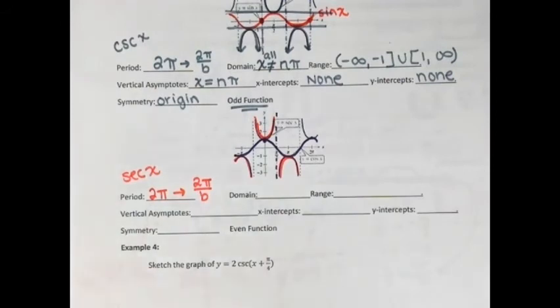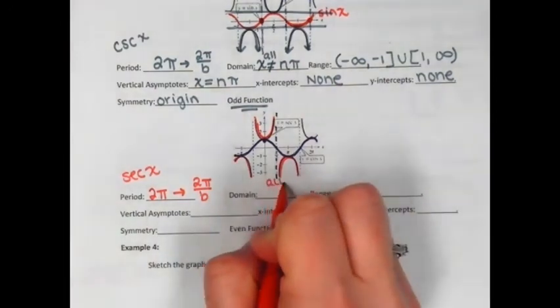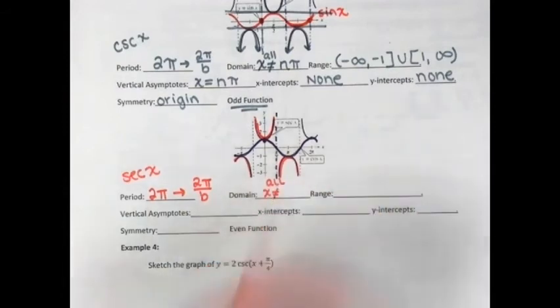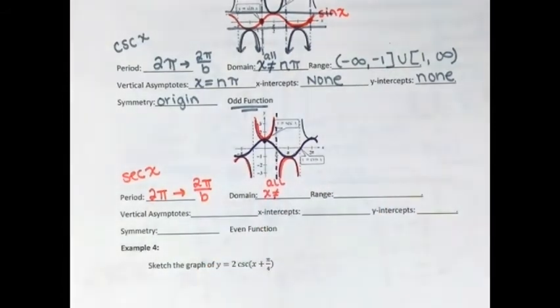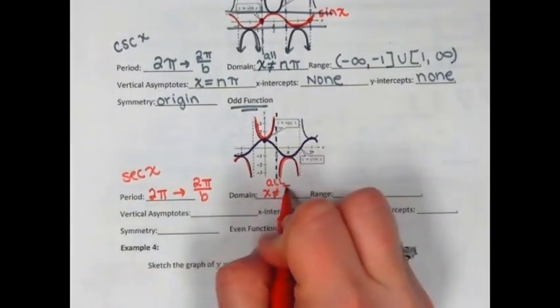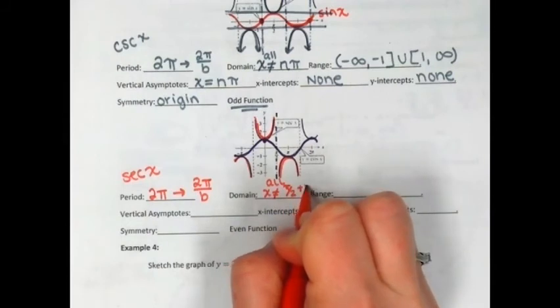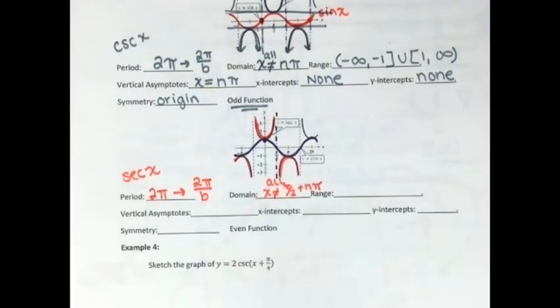Now my domain is going to be all reals except x can't equal what? Where do we have our vertical asymptotes? When my cosine is 0, which is pi over 2 plus n times pi, because you always add pi units after pi over 2, right?